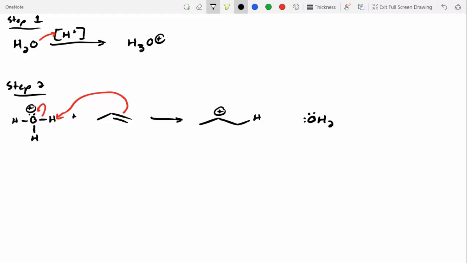It's our conjugate base. What do you think could happen next? Yeah, water has a lone pair, so water can act as a nucleophile. And it can add from the top face or the bottom face, just like the bromide we saw before. And so we could end up with 2 different products.